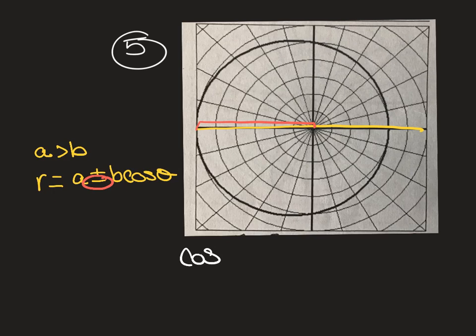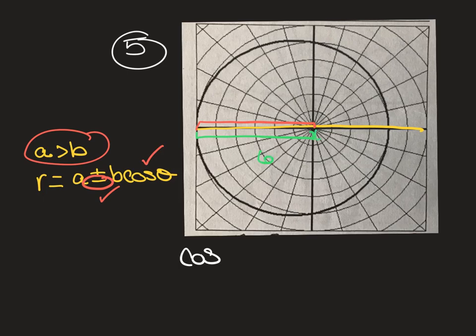So just by looking at the graph and deducing a couple things, we've already decided on cosine. We know we have a minus, and because we know it's an indented loop, the A value has to be bigger than the B value. So on the indented loops, I know you're going to hate me for saying this, it's kind of like a system of 2 linear equations. If you count this length here, it's 6.